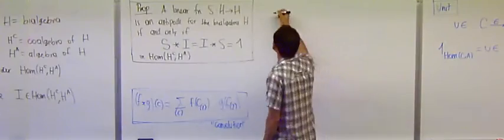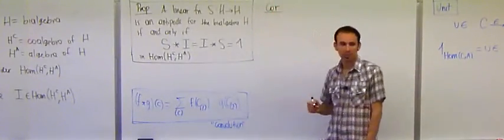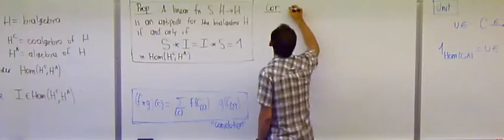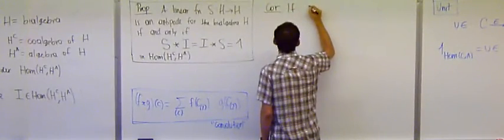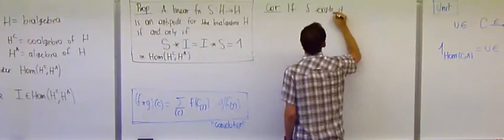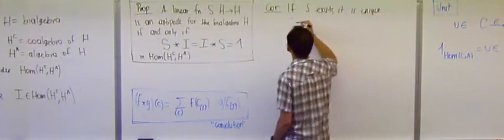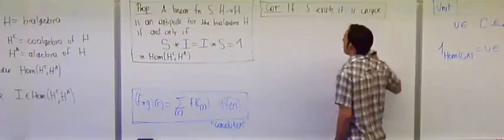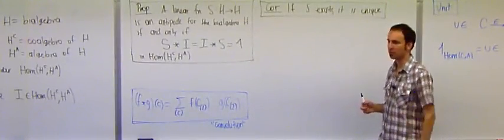But one very nice thing about this is a corollary, that if S exists, it's unique, which answers your question. If S exists, it is unique. In other words, a bialgebra has either no Hopf algebra structure or one unique Hopf algebra structure.